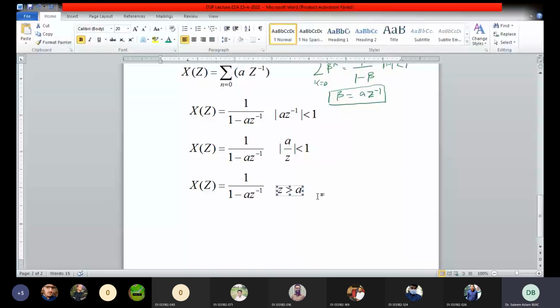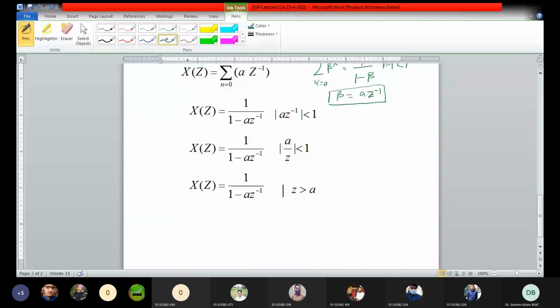Do you agree? Yes, sir. So this is the Z transform expression. Let me put some more spaces. So this is known as the Z transform expression, and this condition is known as the region of convergence.